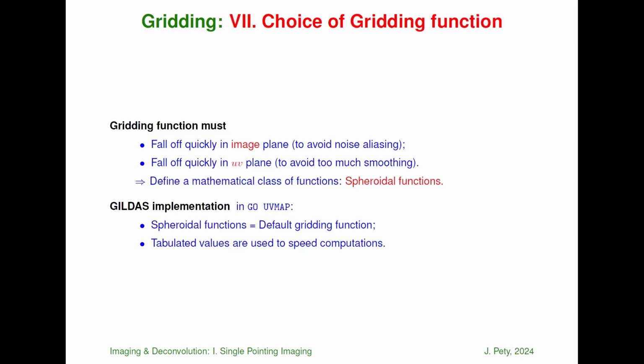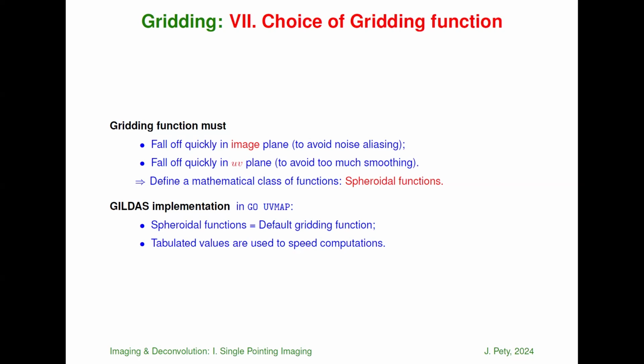So it must fall off very quickly in the image plane, but it must also fall off very quickly in the UV plane. Why is this? Because in the UV plane, the gridding function is your kernel, and the bigger your kernel will be, the more smoothing you will do in the UV plane. So you will lose some information. So I've told you that it should be much smaller than the size of the Fourier transform of the primary beam. So it should fall off also very quickly in the UV plane.